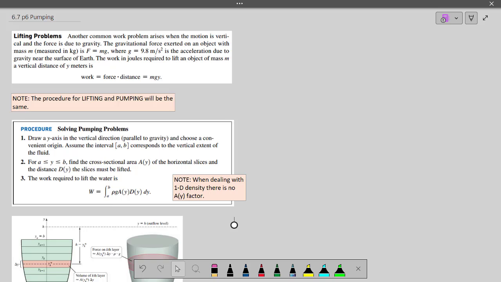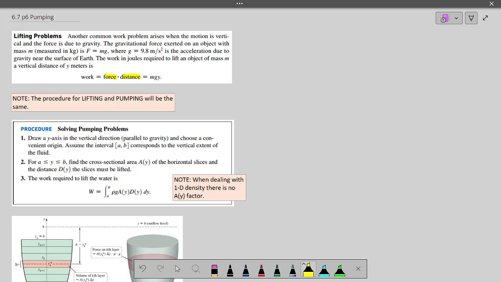So let's talk about, first off, the block situation. By the block situation, I mean that when we're dealing with work in its simplest form, where we've got a constant force and a constant distance. Like if you imagine a block and you're just lifting it up, you can think of that block as a point mass.